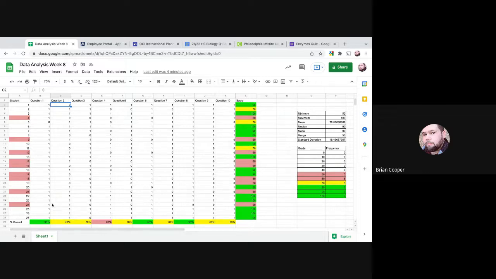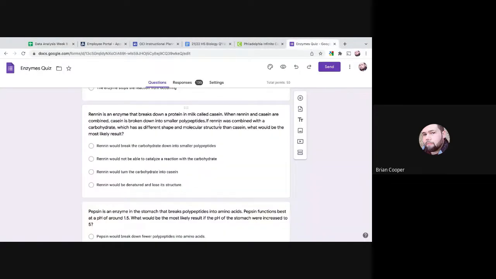You can see that we had 3 questions in the green, 6 questions in yellow, and only 1 question in the red at 67%. I wanted to look at that question and try to figure out why the students struggled with it.